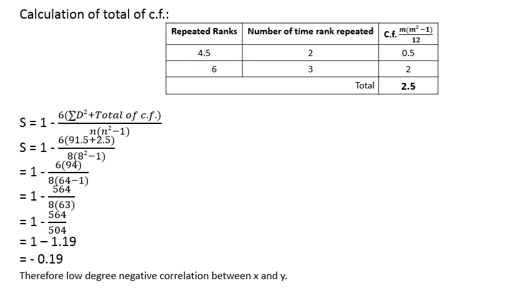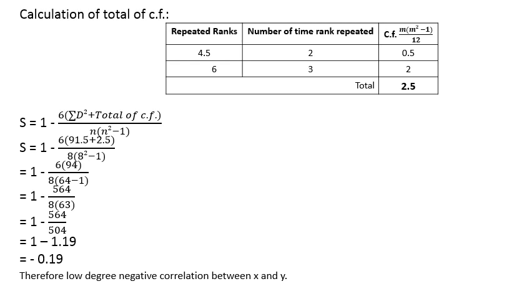So the formula is S equal to 1 minus 6 into sigma d square plus total of correction factor, divided by n into n square minus 1. S equals 1 minus 6 into 91.5 plus 2.5, divided by 8 into 8 square minus 1.